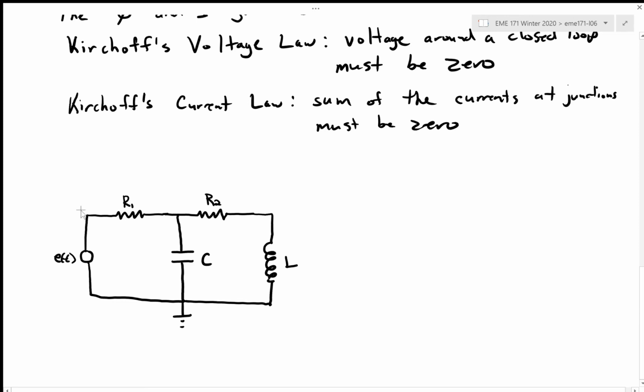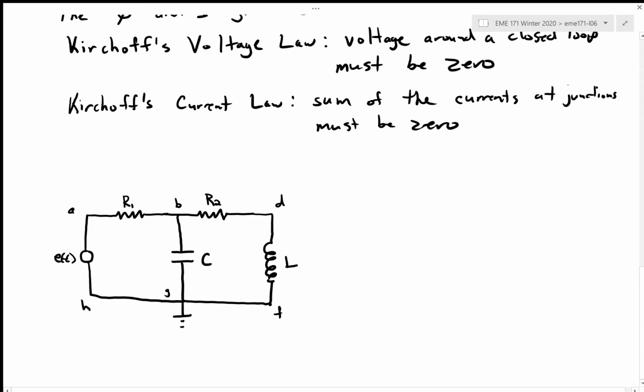I am going to start by adding a label to each node that is going to have a unique voltage. So I'm going to call this one A, B, D, F, G, H. Okay.